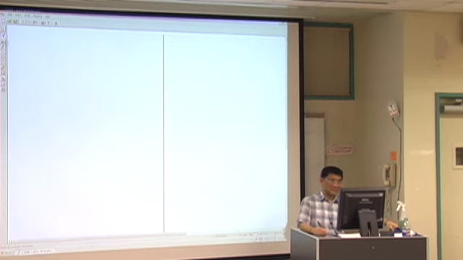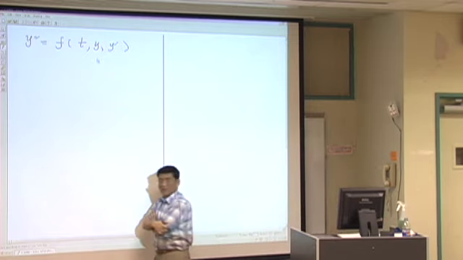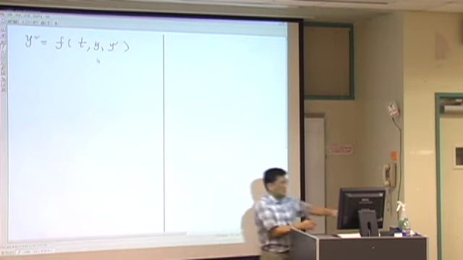So the shooting method is this. Roughly, we have a differential equation. We have this kind of differential equation, a second order differential equation with boundary conditions.